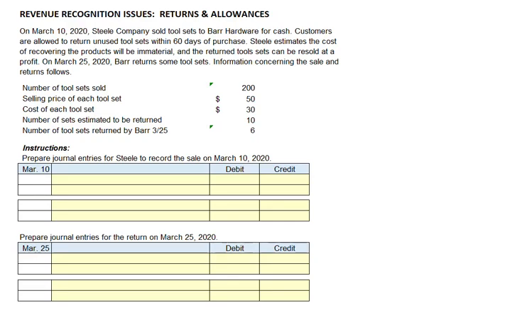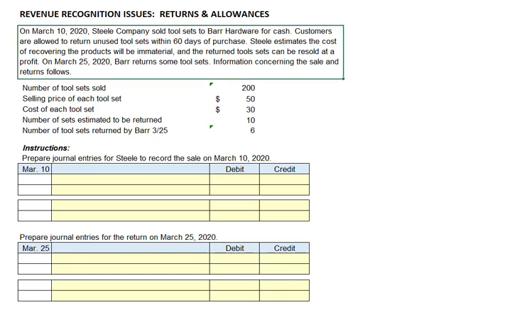In our example, we'll begin by recording journal entries related to the sale and a sale return and allowance. And then also we will record journal entries required at the end of an accounting period for estimated sales returns and allowances. We're told that on March 10th, the Steel company sold tool sets to Bar Hardware for cash.